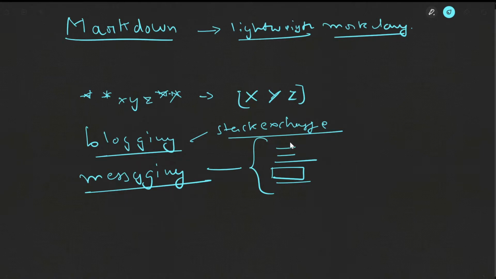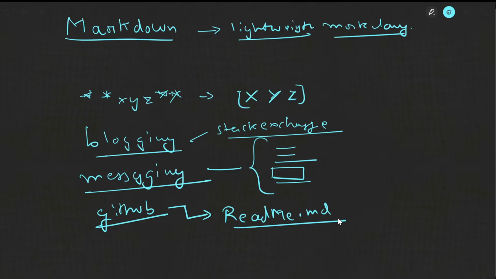Instead of typing with a keyboard in a strongly typed way, they can use Markdown to express their ideas much more conveniently. And apart from that, it's heavily used in GitHub. If you visit the readme.md file, this is the specific file.